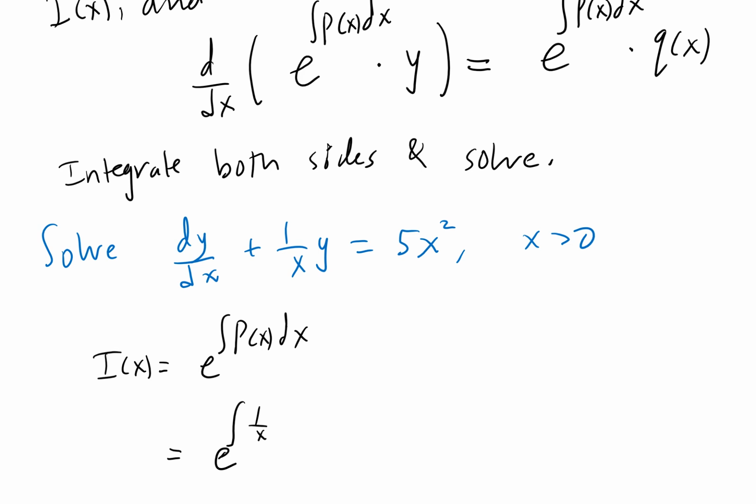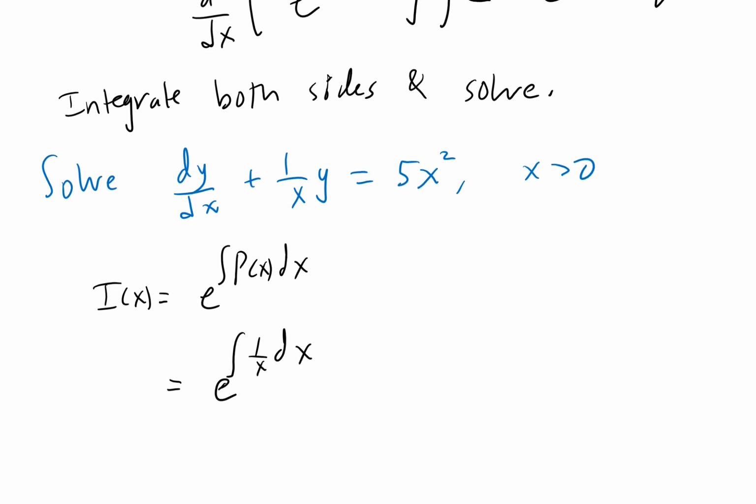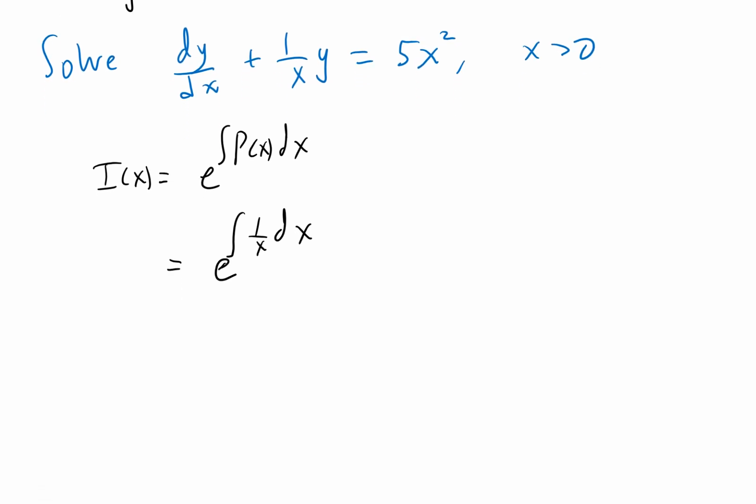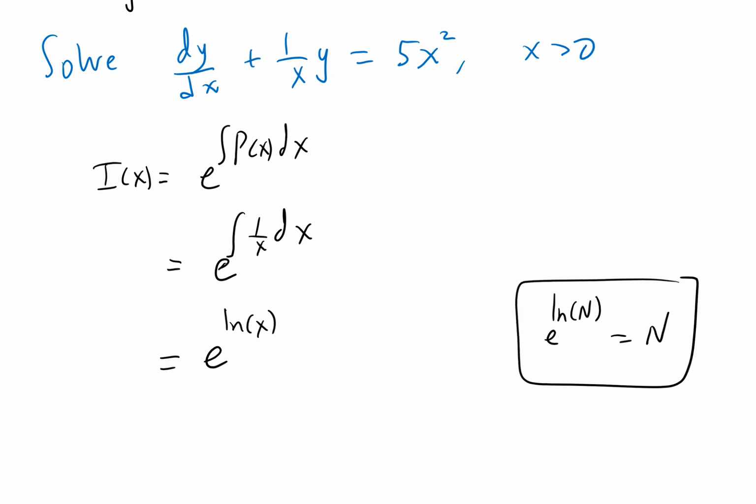P of x is 1 over x. The integral of 1 over x is natural log of x. E to the ln of n is always n, provided n is positive. So that gives me x.